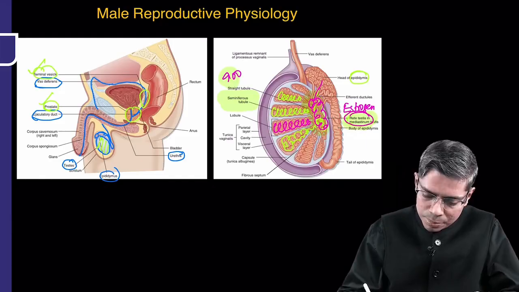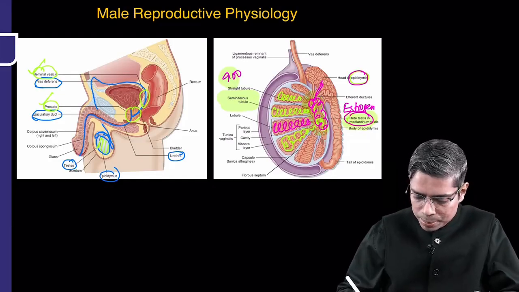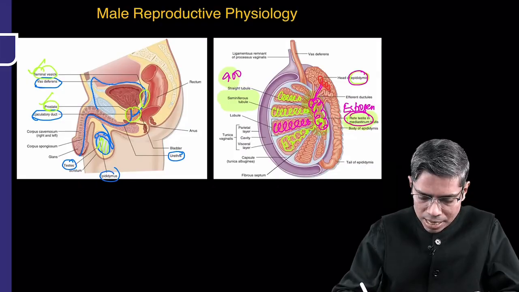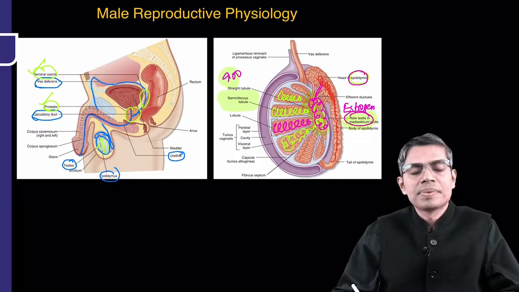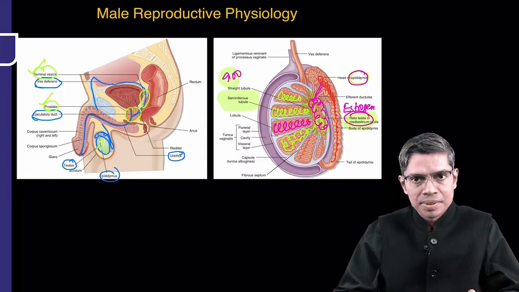Then that concentrated sperm will enter the epididymis. When this concentrated sperm, along with the secretory fluid, is passing through this epididymis, there will be certain changes inside the sperm that we are going to discuss, right?